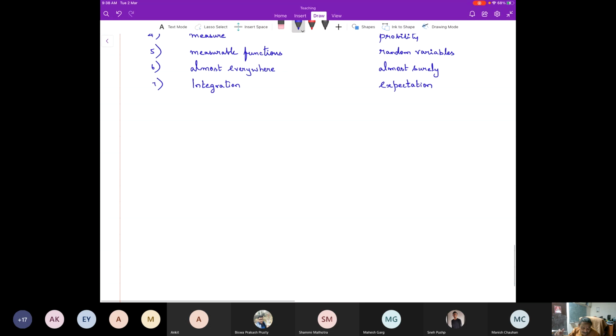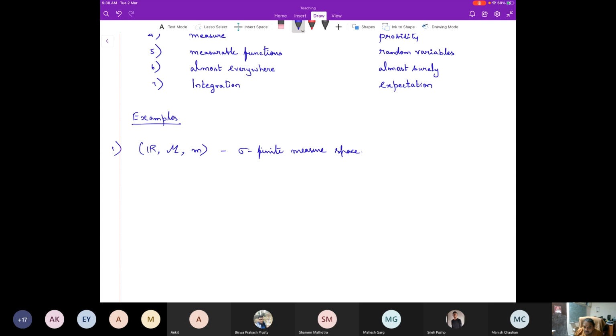Now let's look at some examples. First one, as usual, you look at R with the sigma algebra of Lebesgue measurable sets and the Lebesgue measure. So this is an example of a sigma finite measure space. Why is it a sigma finite measure space?